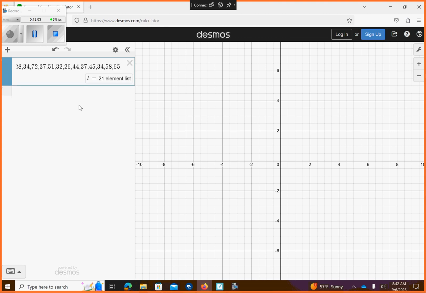65 and 40. All right. Create the appropriate display. What type of display? Well, because I had all this data, we could have probably done a stem plot, but I'm sticking with the one that we seem friendly with.